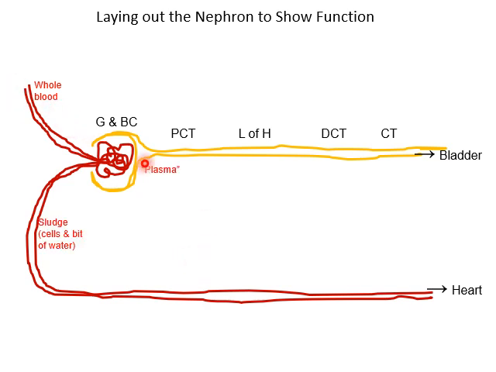So whole blood comes in to the glomerulus, and we split pretty much plasma from the sludge, with the cells, a bit of water, and some of the bigger proteins that can't be filtered. They're all going to start moving down here.